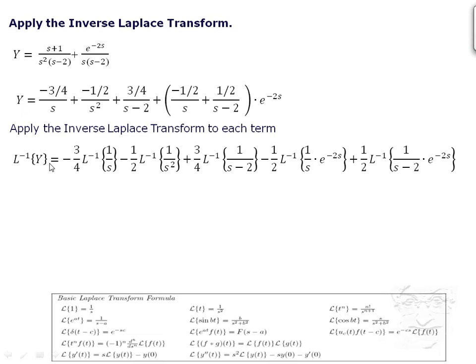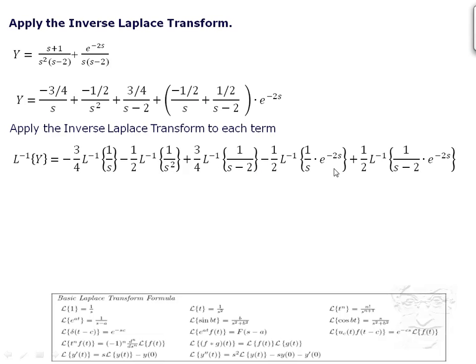You get the inverse Laplace of y equals, here just pull out the coefficient of each term, negative 3/4 times the inverse Laplace of 1 over s, minus 1/2 times the inverse Laplace of 1 over s squared, plus 3/4 times the inverse Laplace of 1 over s minus 2.